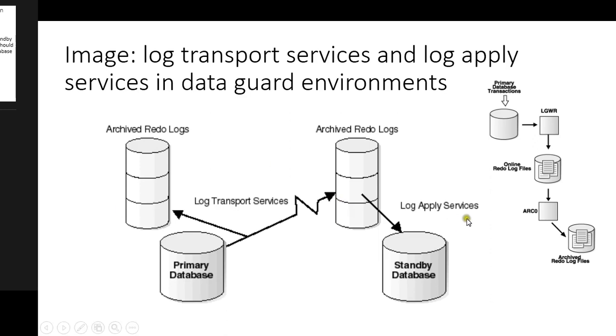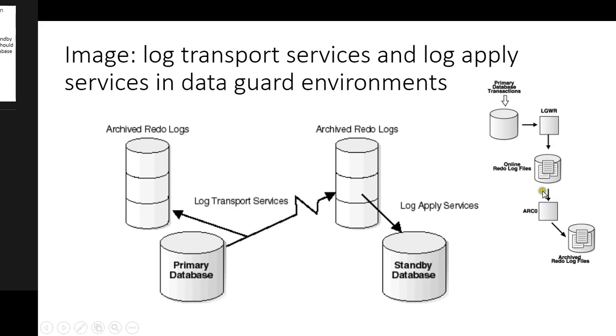And at the top, you also have basically everything I just explained. You have a primary database, you have a log writer that's writing to the online redo log files, and then eventually there's the archive process. After you've committed your data using the commit command, you're creating archive redo log files, with your database in archive log mode.